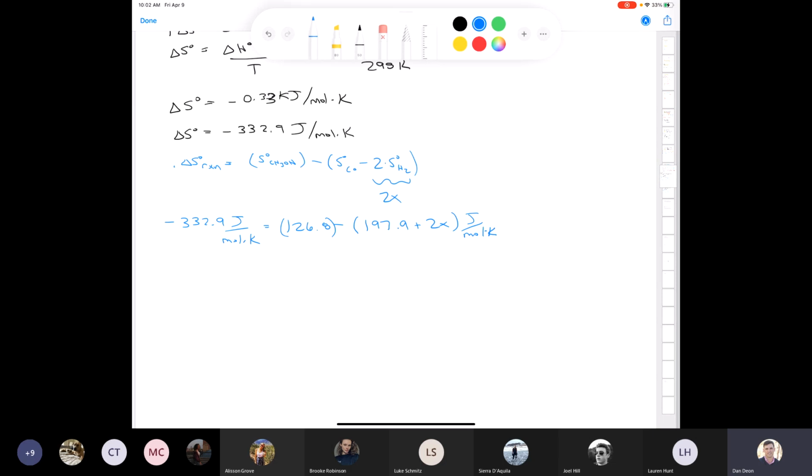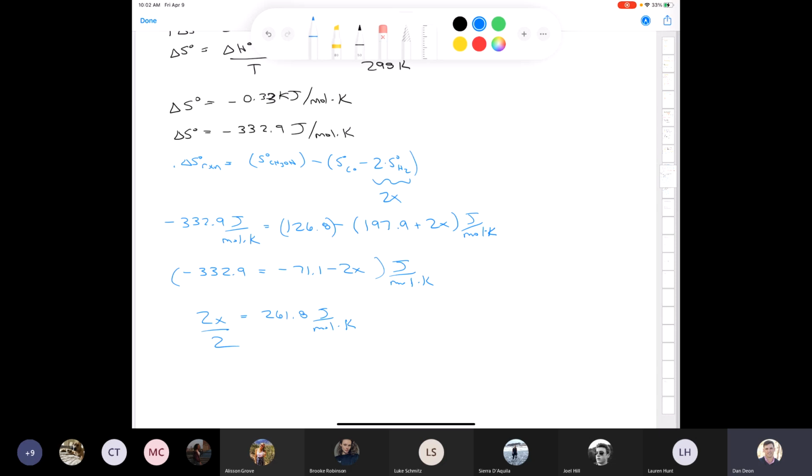So now all I have to do is solve for x. I end up with negative 332.9 joules per mole Kelvin is equal to negative 71.1, subtract 2x. And of course, this is all joules per mole Kelvin. I end up with 2x being equal to 261.8 joules per mole Kelvin.